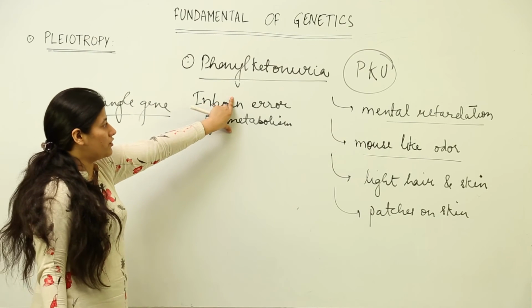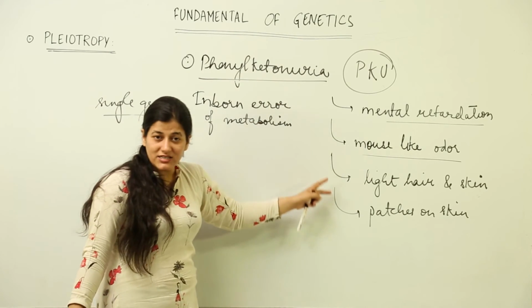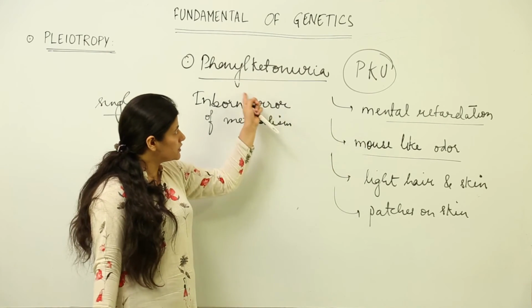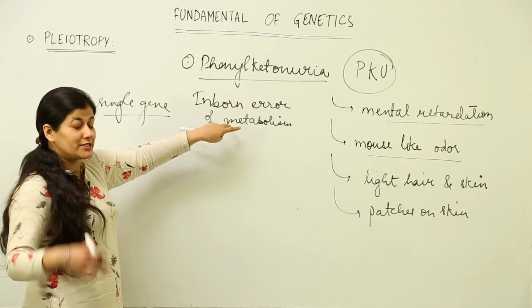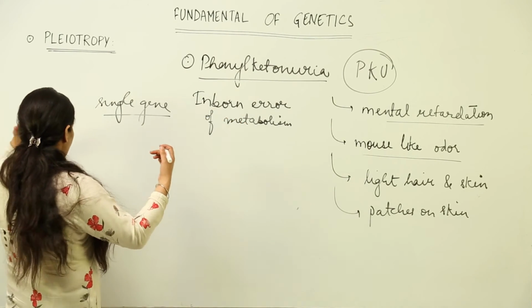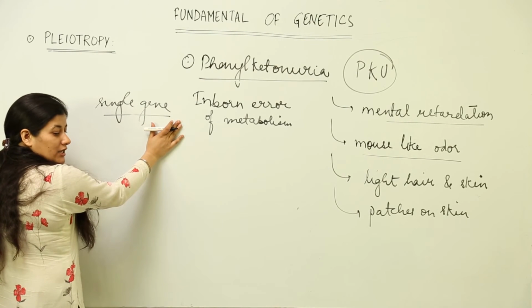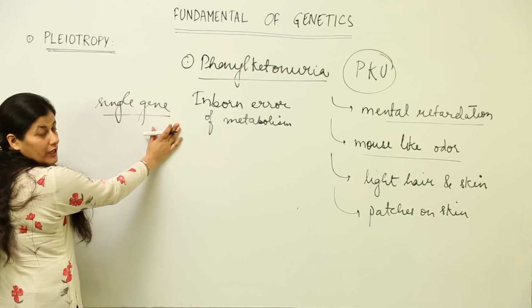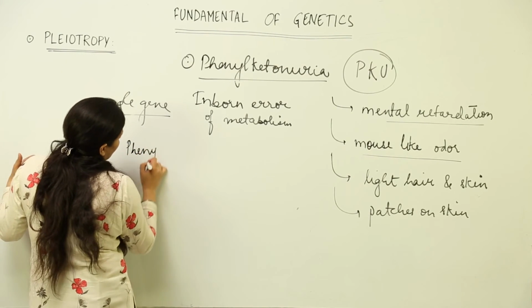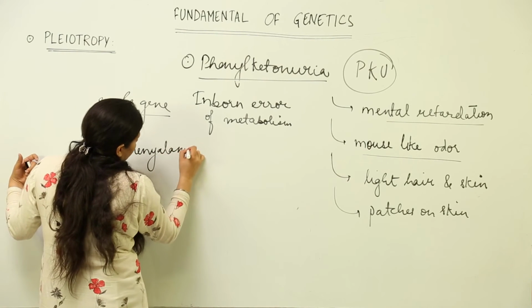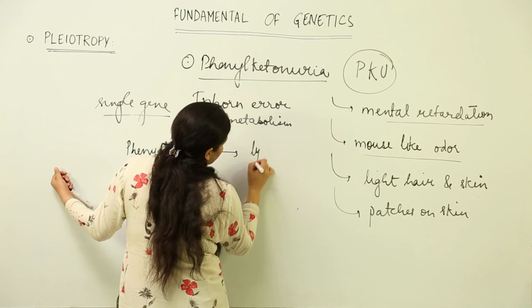Now this inborn error of metabolism is responsible for giving these symptoms as a disorder which is manifesting itself. It is brought about by a condition where a gene which is absent does not produce the protein which is required for converting phenylalanine into tyrosine.